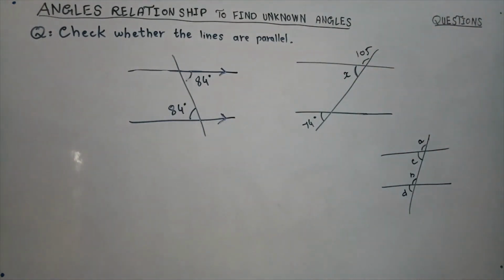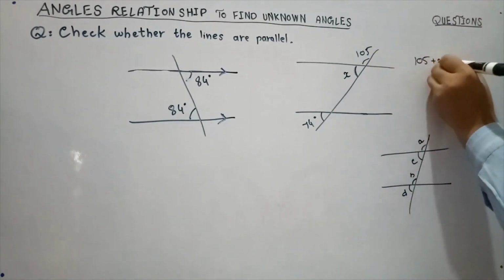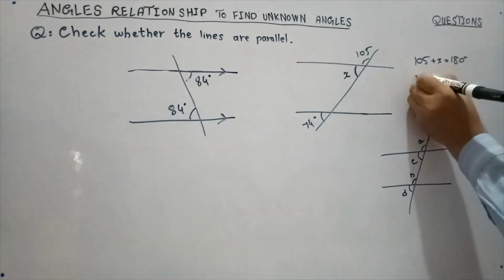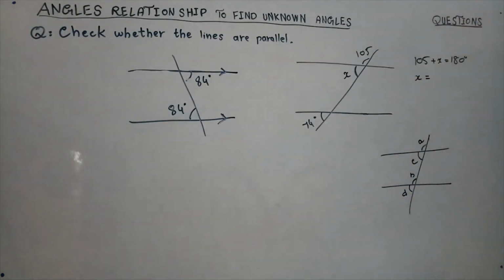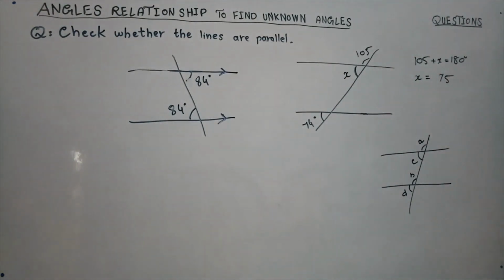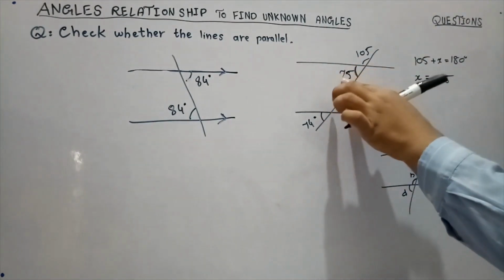If I add 105 and x, it will give me 180 degrees. 105 plus x will be equal to 180 degrees. If I subtract 105 on both sides, on the left hand side we are only left with x, and on the right hand side we will get 75. It means that this angle is equal to 75 degrees, okay?